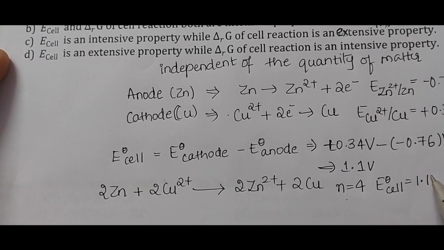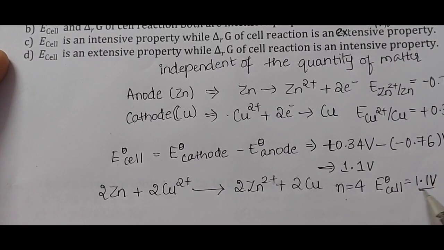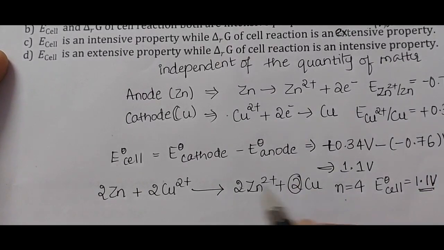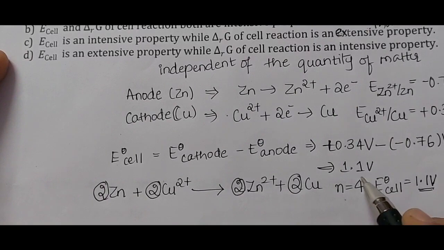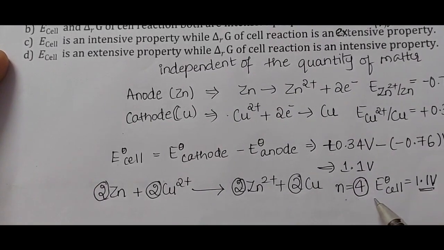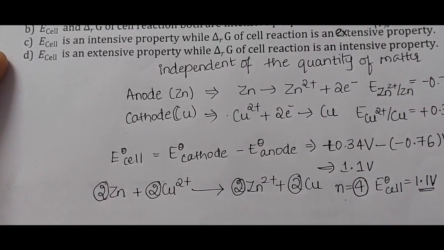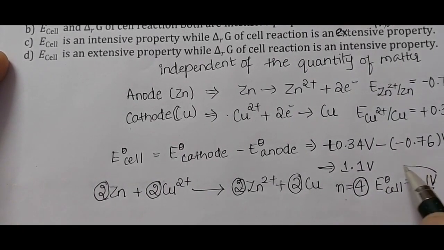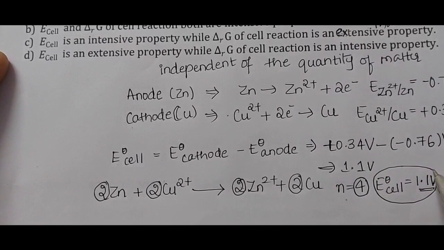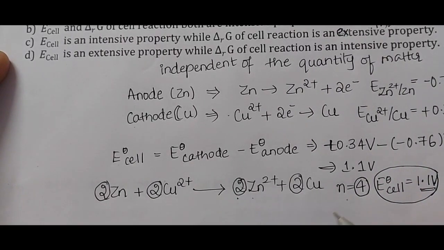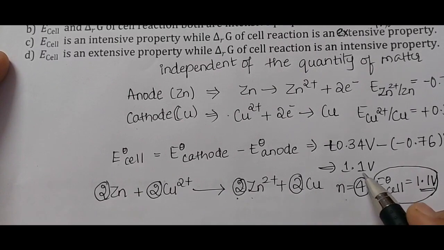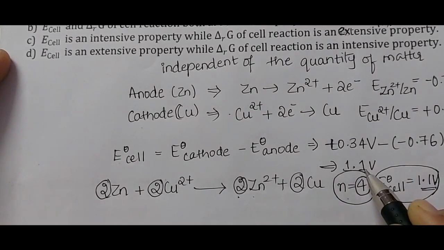It will remain 1.1 volt irrespective of the number of moles of the metal participating in the reaction and irrespective of the number of electrons participating in the reaction. Thus this EMF of a cell is independent of the number of moles of reactants and products as well as the number of electrons participating in the reaction.